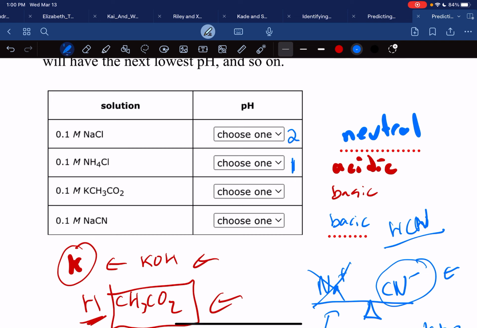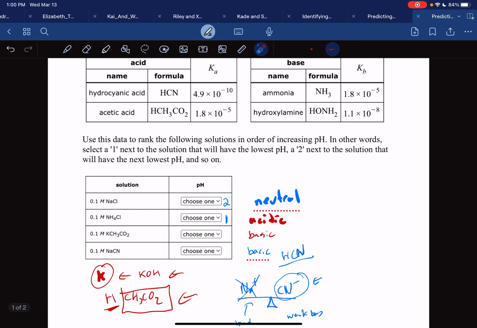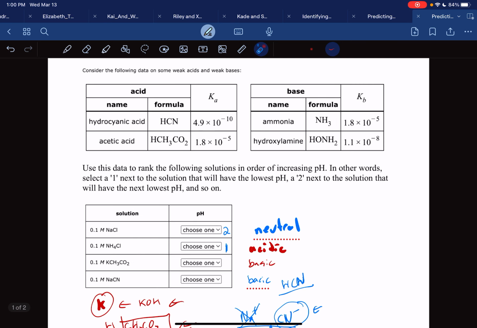Now, here's where it gets tricky. Because if we take a look at these two right here, we've determined that they are basic. So what we have to do is look over here and see what they're conjugates of. So if we take a look at HCN, wouldn't that be the conjugate of NaCN, or the CN minus? And if we take a look at HCH3CO2, wouldn't that be the conjugate of the CH3CO2 minus?